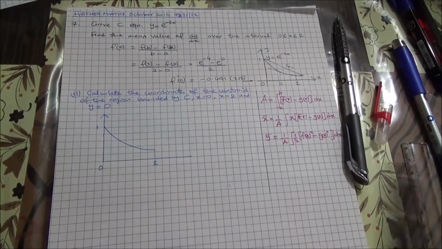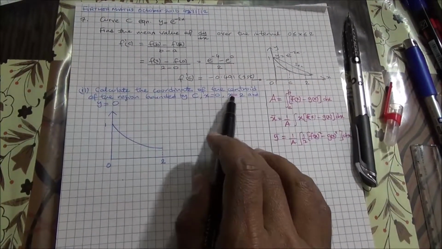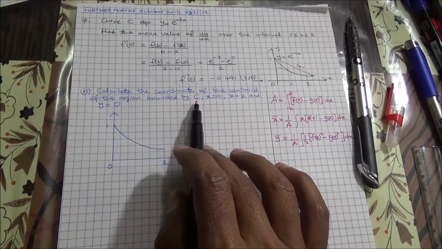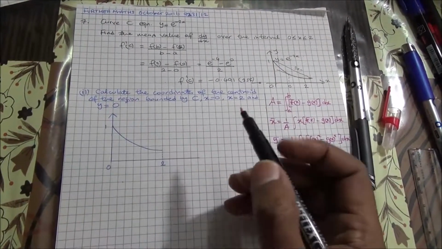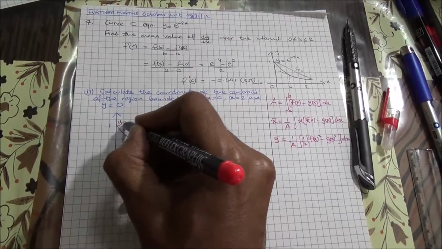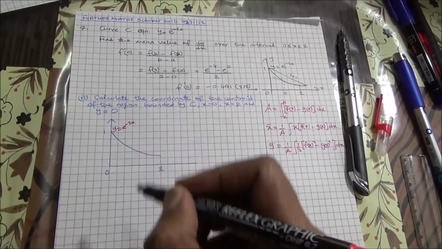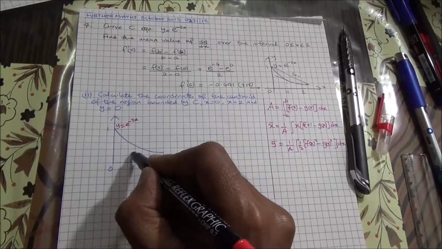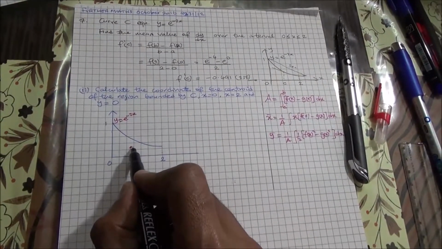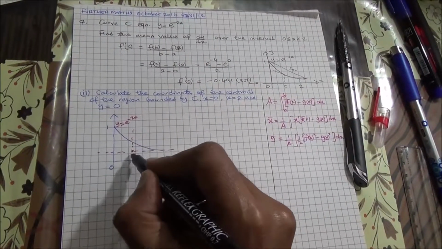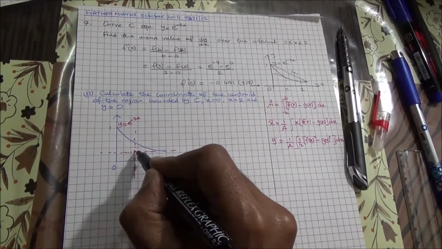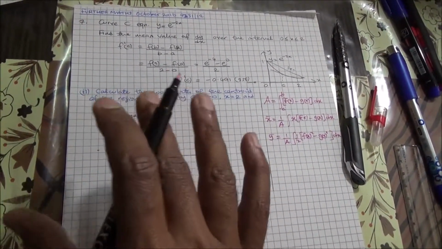Now for the second part, we need to calculate the coordinates of the centroid of the region bounded by C, x is equal to 0, x is equal to 2, and y is equal to 0. So this is the curve y is equal to e to the minus 2x. The centroid, it could be somewhere here, but it is the point at which if I put this graph on this point here, it's going to balance.